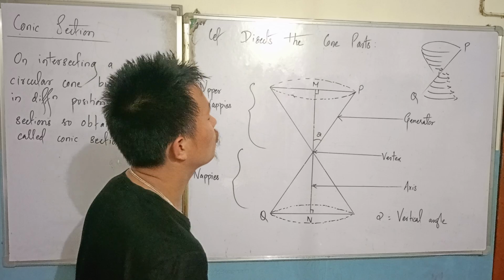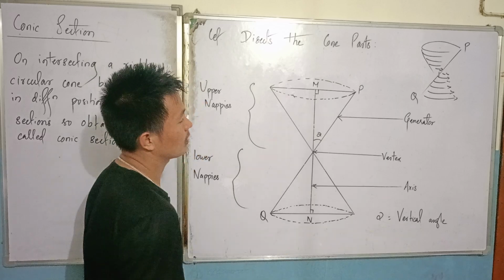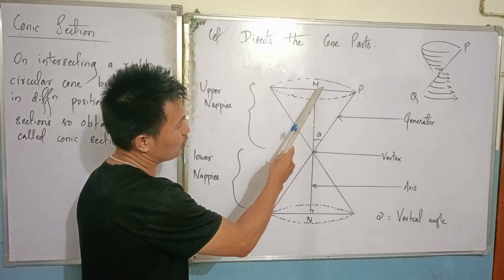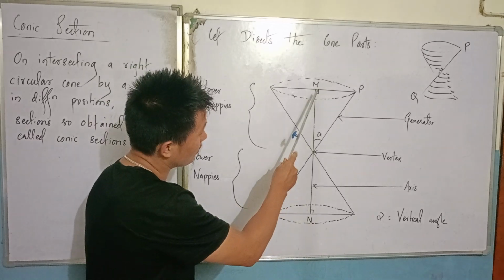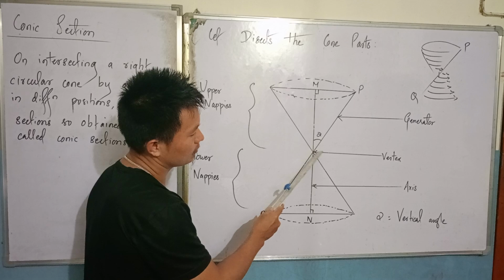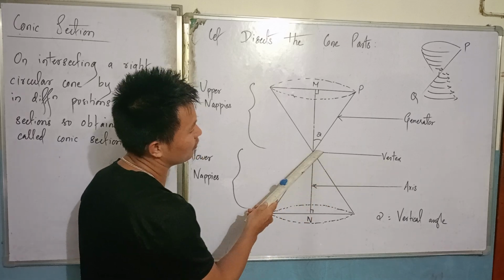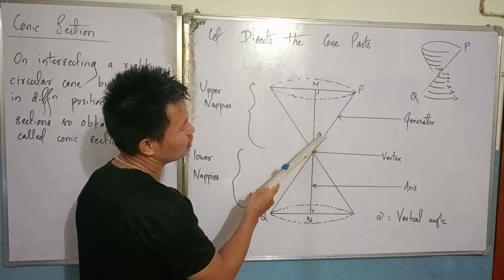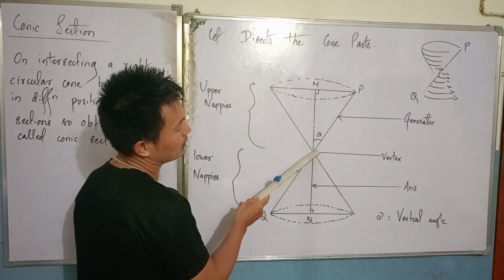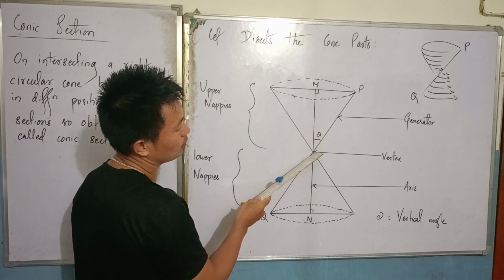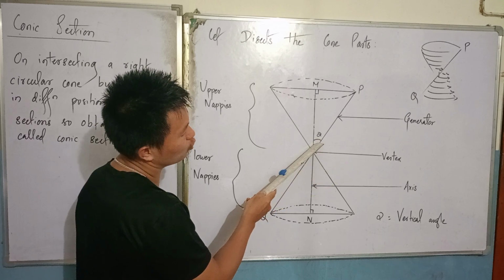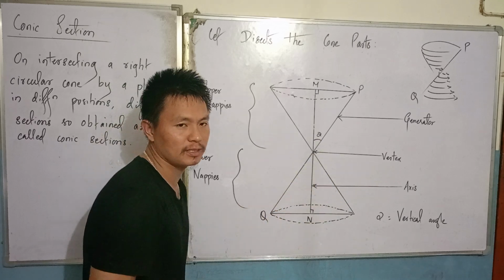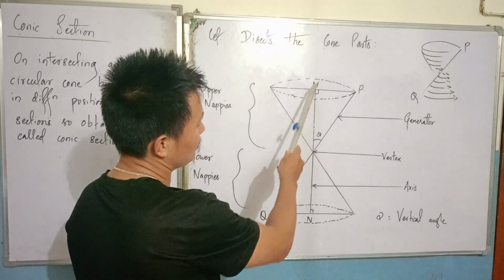Okay, so now you can see a straight line perpendicular to the base of the cone and passing through the vertex. The vertex divides the two cones. The tip where the two cones get separated is called the vertex.